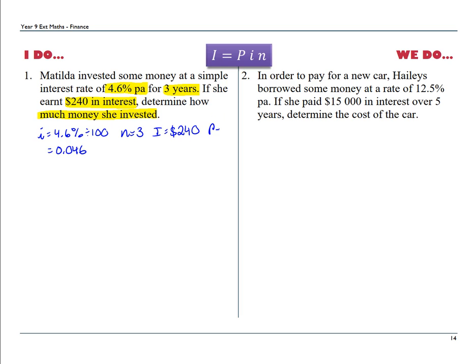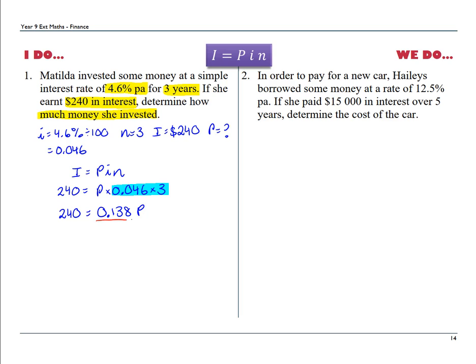And we don't know our principal. So our formula, I equals PIN. 240 equals our principal multiplied by 0.046 multiplied by 3. Multiply our interest by our number of years, and we get 0.138. So 240 equals 0.138P.